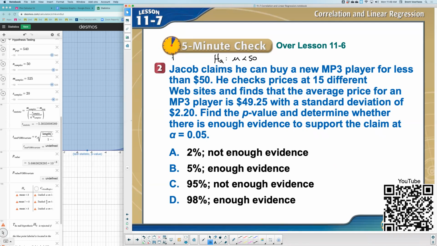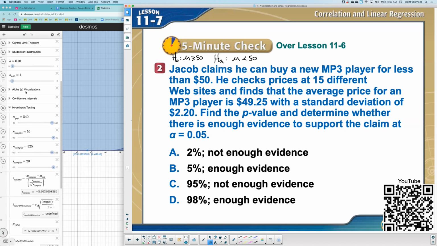The null hypothesis is that the mean is greater than or equal to $50. Again, this is going to be a one-tailed test because it's just less than. If the alternative hypothesis has a mean less than K, it's one-tailed, and it'll be a left side test again.